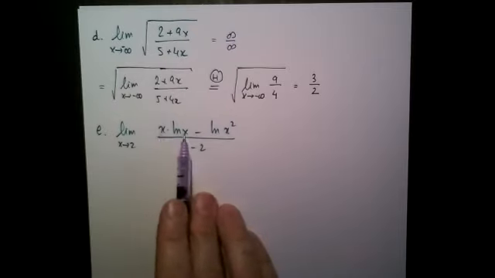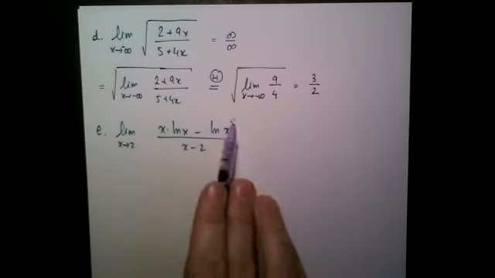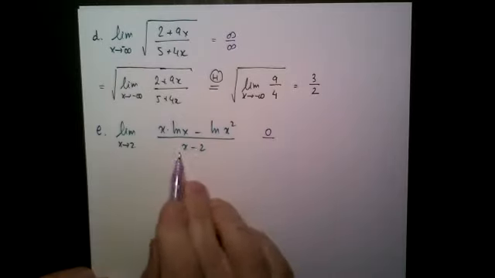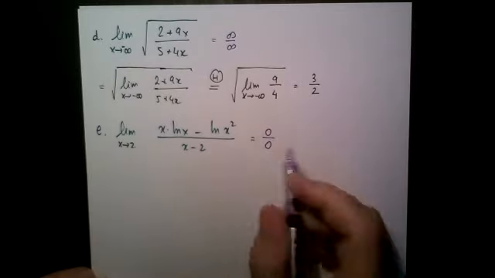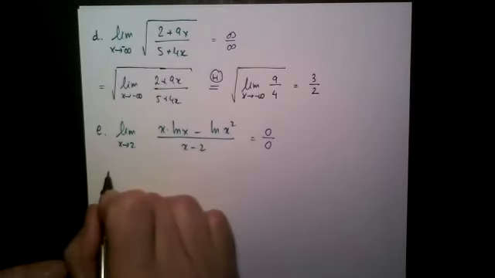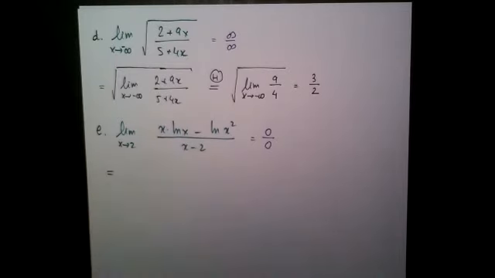So 2 times ln 2 minus ln of 4, this is going to be 0. And 2 minus 2 on the bottom is going to be 0 as well. Okay, so I could use L'Hopital's rule here, but I think there's an easier way. Do you see the easier way to do it?